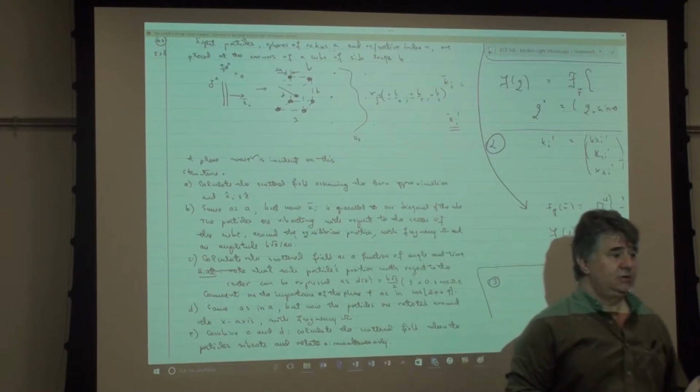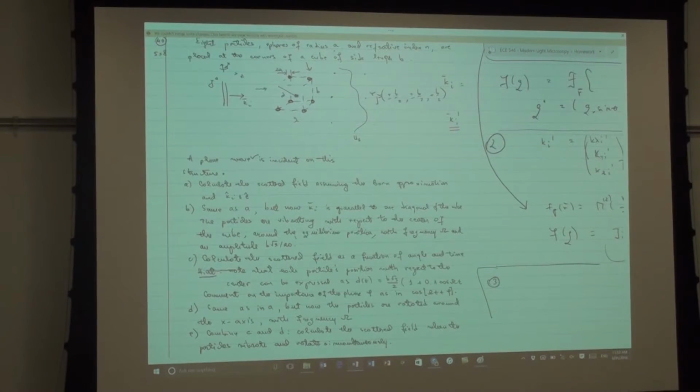Once you write that down, it will be the sum of delta of r minus r_j over j from 1 to 8, the Fourier transform of which is the summation of e to the i q dot r_j. That will be S of q, my structure function.